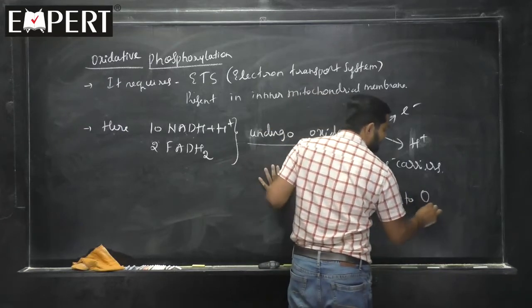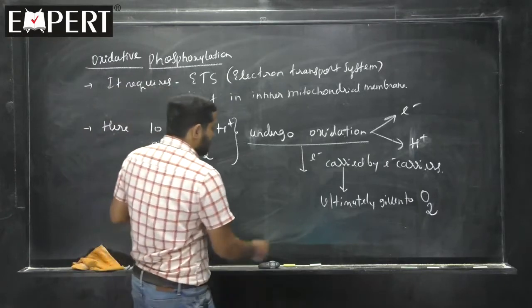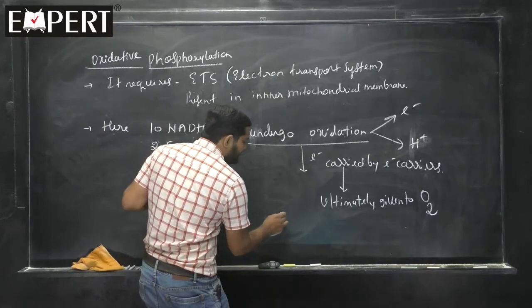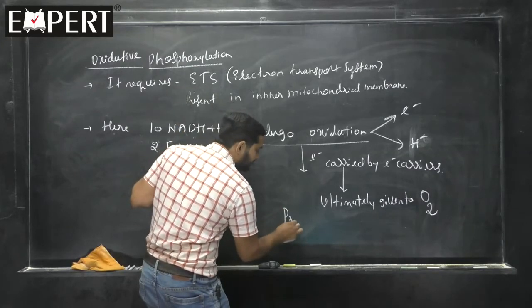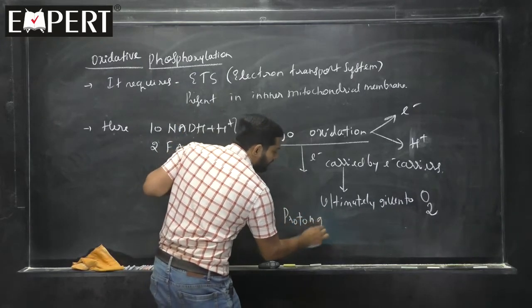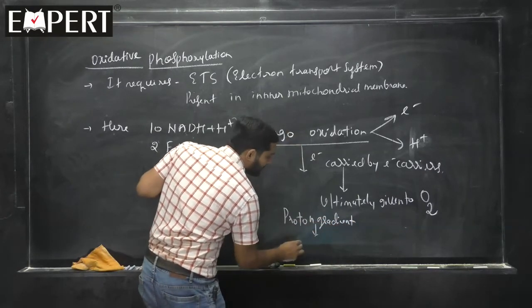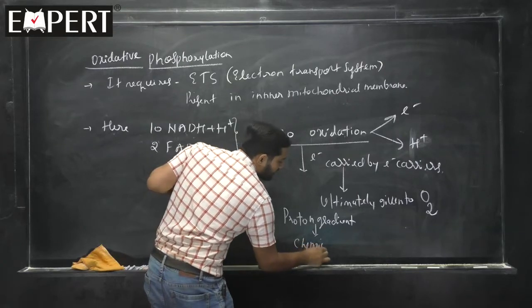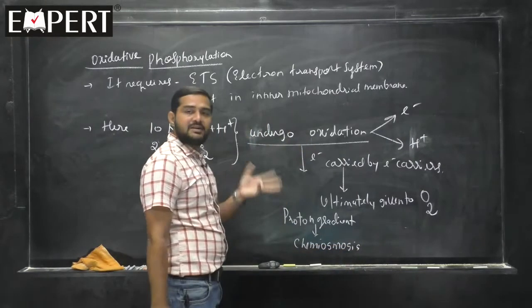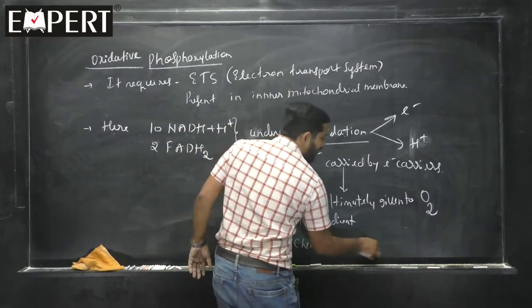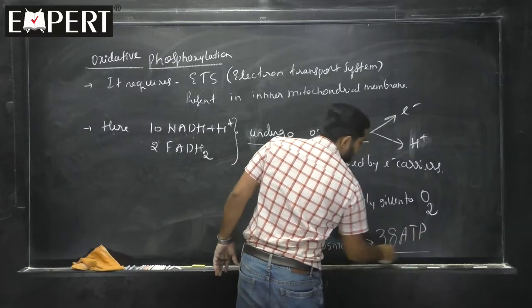Given to oxygen, which creates a process called proton gradient, and which leads to a process called chemiosmosis, and because of the chemiosmosis there is a production of altogether 38 ATP.